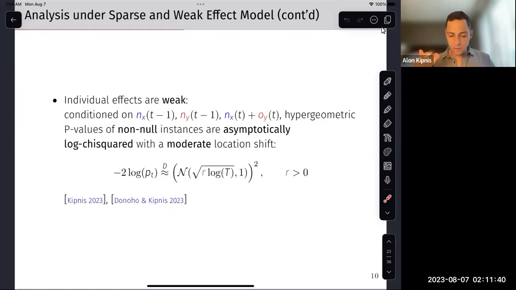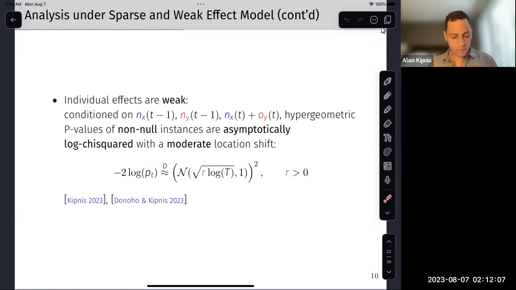It turns out that there is a nice framework to calibrate the signal such that it will bring us to a regime that is familiar to us, or at least easier to study. This was developed by myself and Donoho.